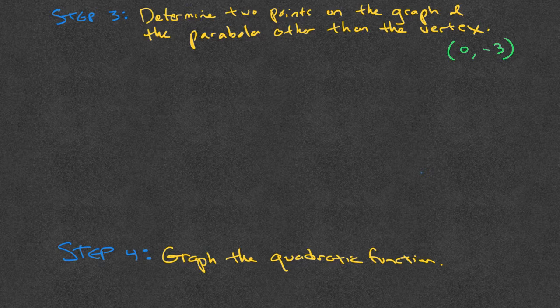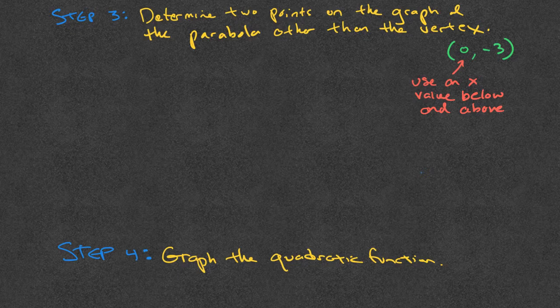So we want to use an x value below first, and then above this. So we're going to use x equals -1, that's going to be our below, and then x equals +1, which will be our above. So below 0, -1, above 0, +1.